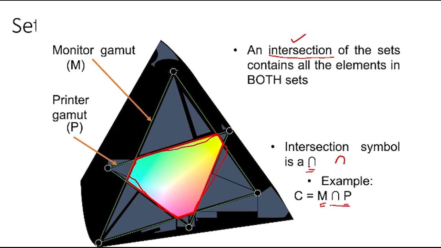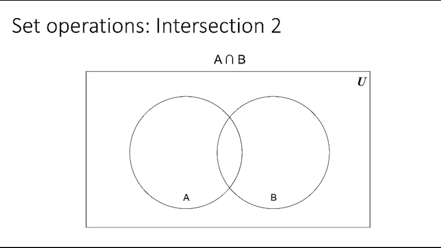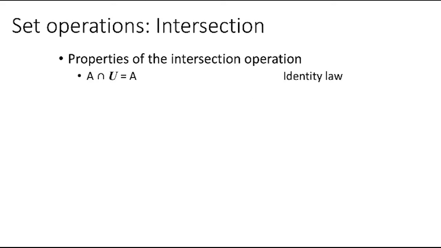The Venn diagram for the set operation intersection, A intersection B: only the portion where both are common. This is known as A intersection B. Now a few of the basic operations.